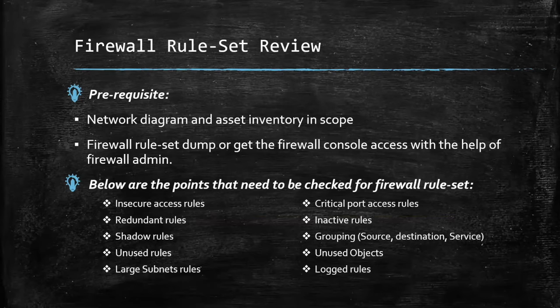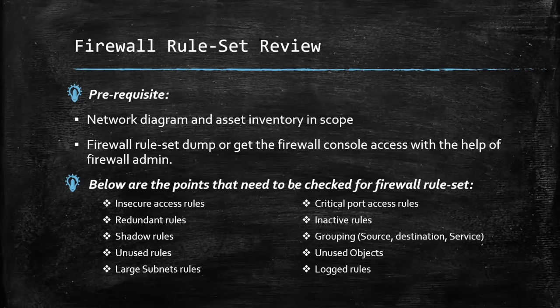Once we understand this, the next step is to get the firewall rule set, or if we don't get that, console access to review the rule set with the help of the firewall admin. So these are basically the prerequisites you should get from the team whenever you're doing a firewall rule set review. So what are the major pointers we should check when doing a manual firewall rule set review?